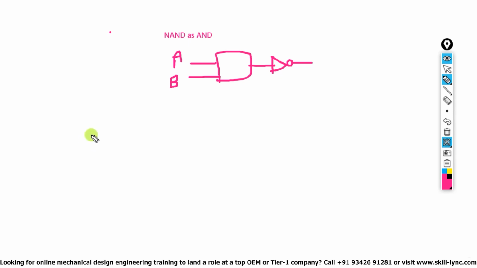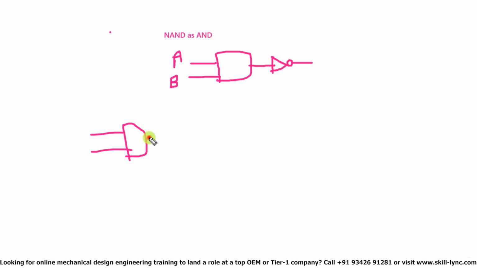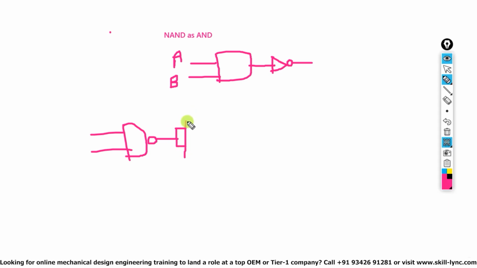It means that let's take a NAND gate, then put a NOT gate, and if you remember, a NOT gate is when both inputs are the same. So I am putting it just like this. So it is A, B, it is AB whole bar, because it is a NAND gate.